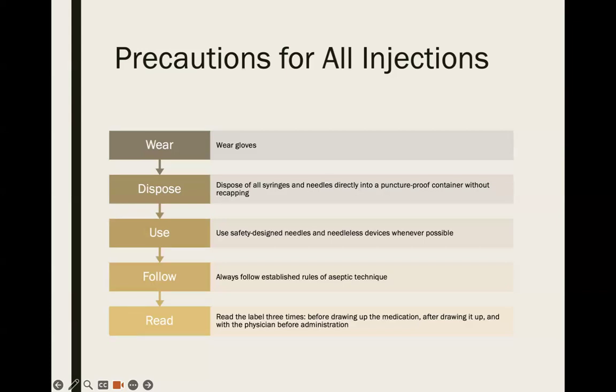So you may use Omnipaque, but you may use Omnipaque 300, and then you may use Omnipaque 350 for different exams. So just know that what you're drawing up, make sure that you're drawing up the correct contrast and the correct amount for that specific patient in the study.